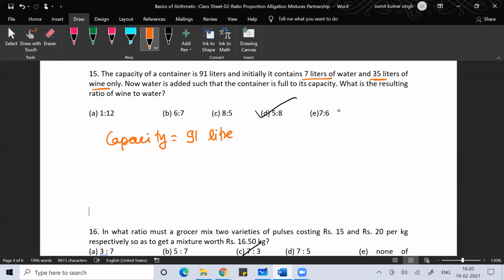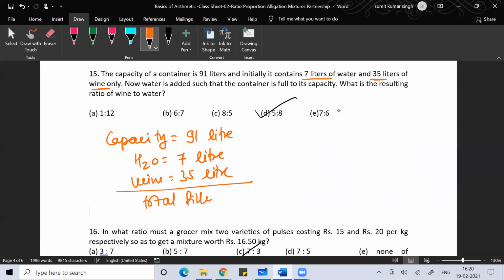It contains 7 liters of water and 35 liters of wine. So the total it is filled is 42 liters.